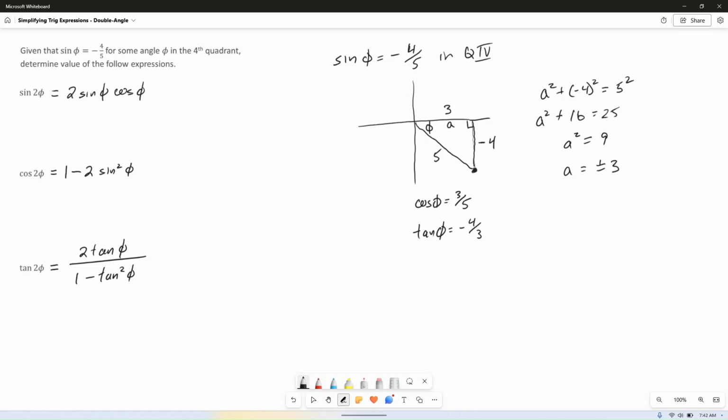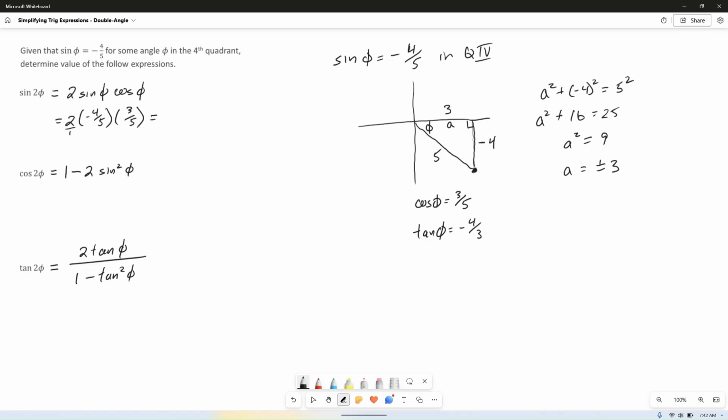All right, so all that's left is to compute what our values were, taking what we just got off that right triangle. So the sine of 2 theta is equal to 2 sine theta, or sorry, phi, 2 sine phi cosine phi. And so that's going to equal 2 times a negative 4/5 times a 3/5. And we multiply that. Remember, the 2 is technically over 1. So if we multiply all the things in the numerator, we have a 2 times a 4 times a 3.